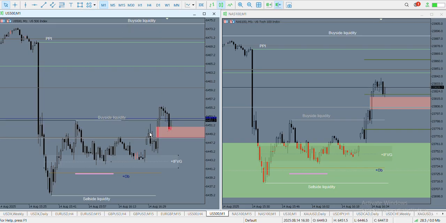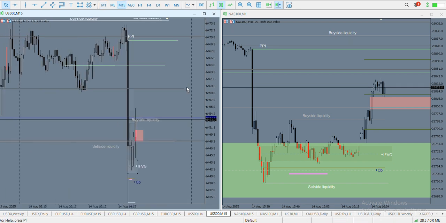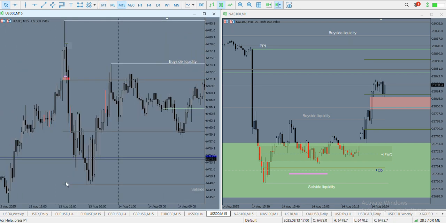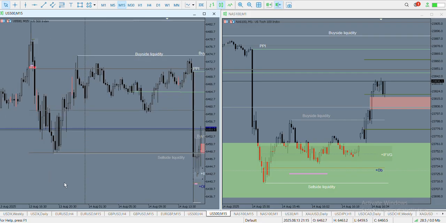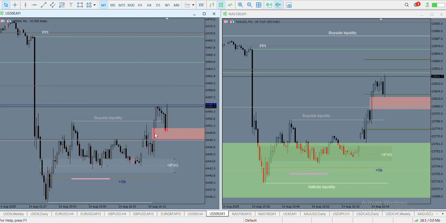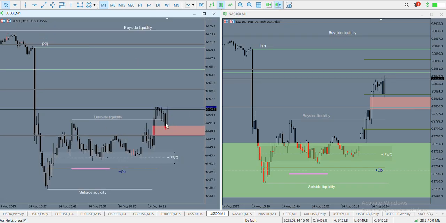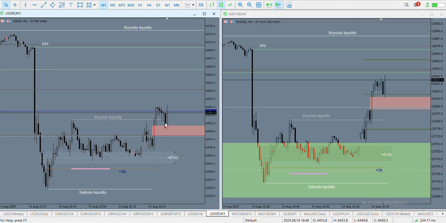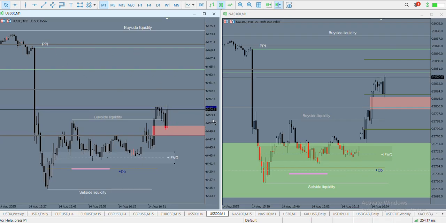Again, I've said today we've opened up right here. It's so close to yesterday's opening range gap low, and yesterday's open is so close to today's opening range gap high. So that's really important. So we've traded into today's first presented fair value gap. That's very interesting. We've moved out of that inversion, first presented fair value gap for today in US 500.